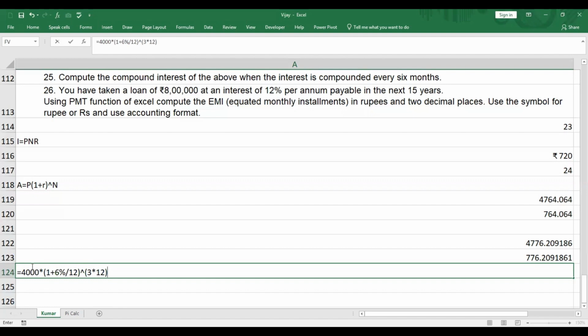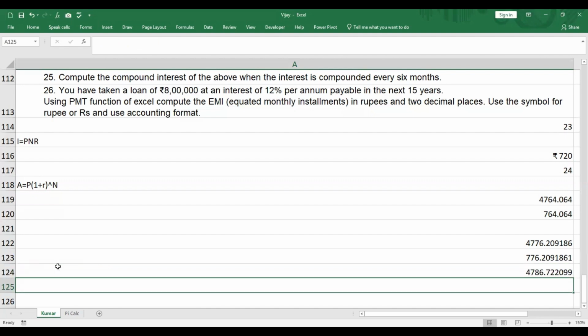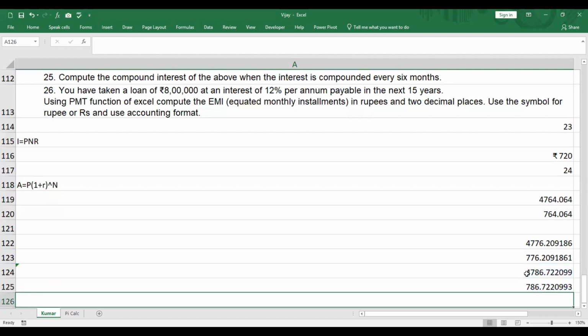That will be the principal plus interest, that is the amount. It becomes 4,786. To find out the interest, 4,786 minus 4,000 becomes 786.